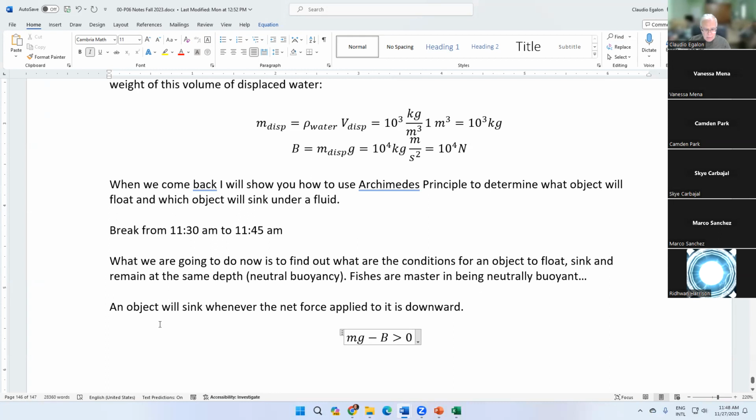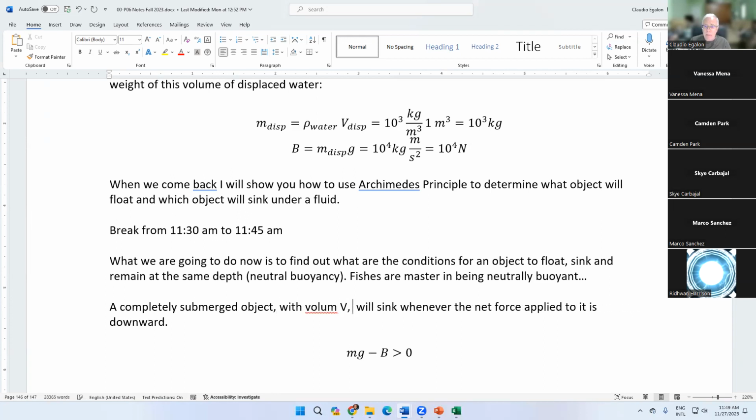And by the way, let's consider a completely submerged object with volume V, which will sink whenever the net force applied to it is downward.